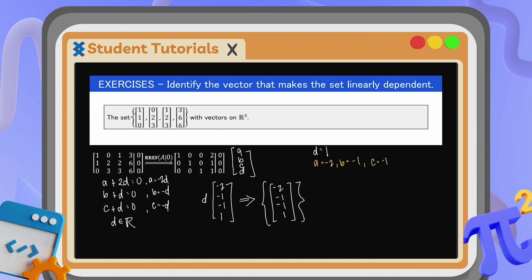Applying this to the given vectors, we have negative 2 multiplied by 1, 1, 0, minus 0, 2, 3, minus 1, 2, 3, plus, because d is equal to 1, 3, 6, 6.